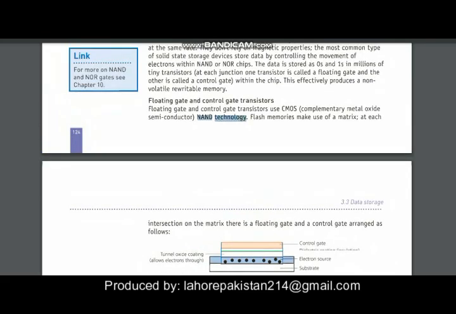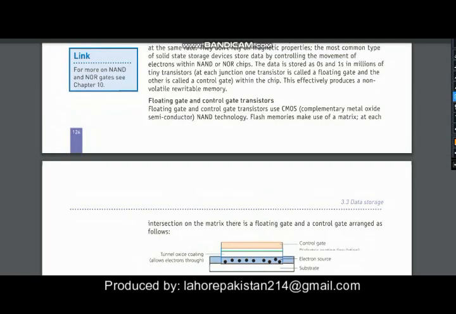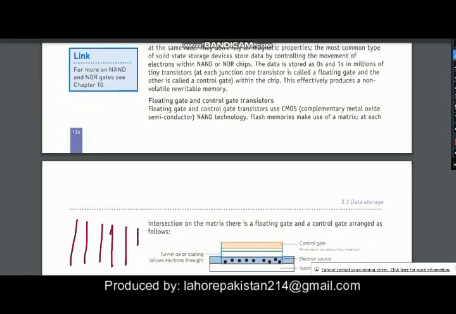NAND gates are basically used, which will be discussed in chapter number 10. The device is made up of a matrix. Matrix means that the data is arranged in the form of a matrix.